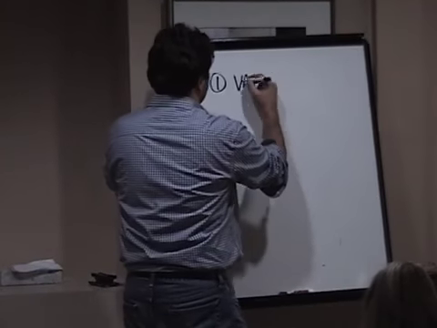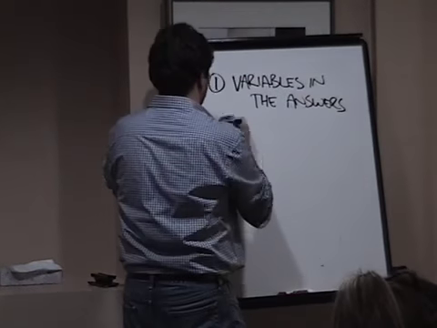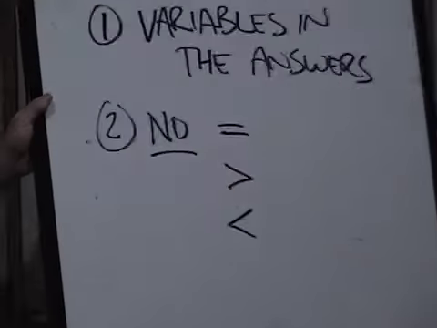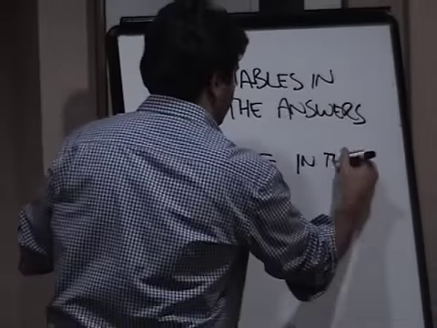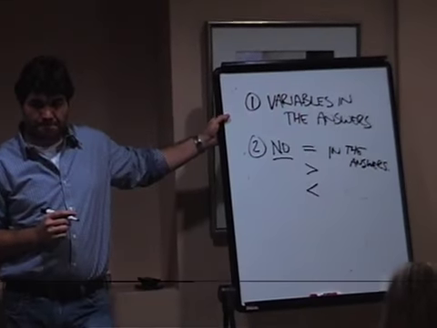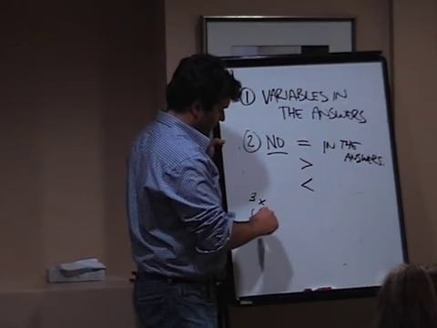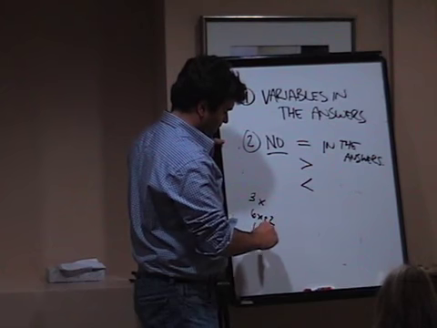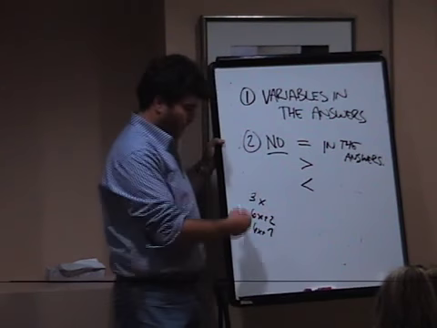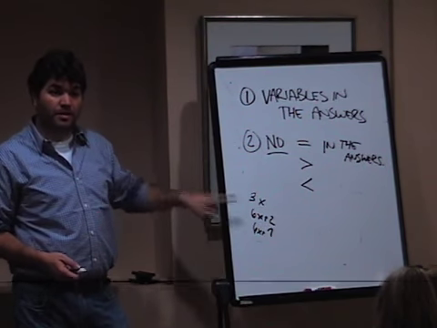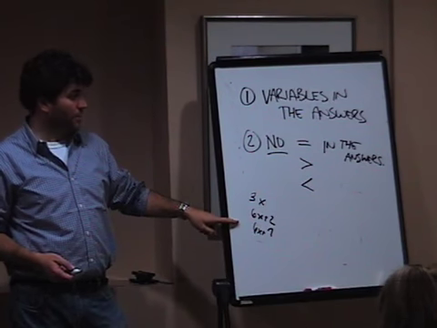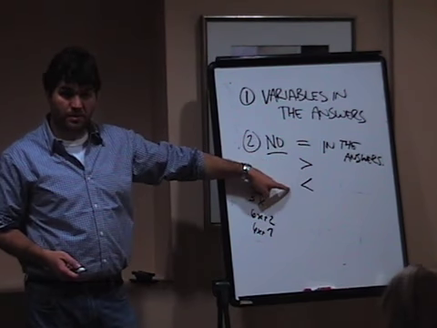If you're looking for variables in the answers, but no equation or inequality symbols in the answers. So if in the answer choice you have things that look like 3x, 6x plus 2, 6x plus 7. If you have things like that, are there variables? Yes. Are there any of these symbols?